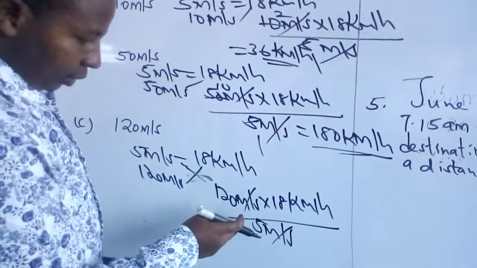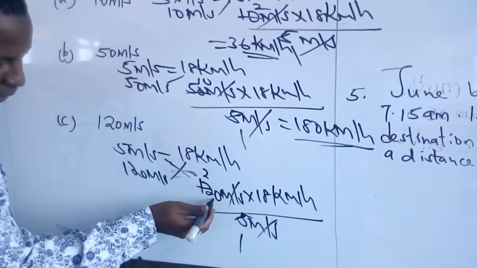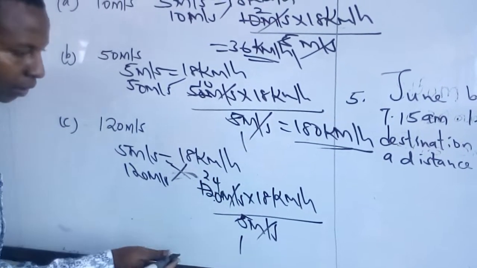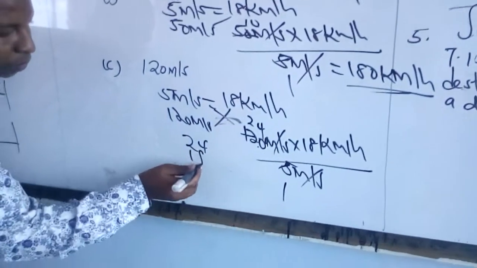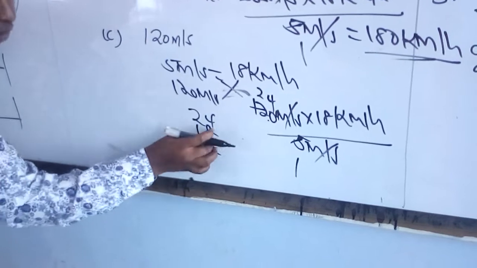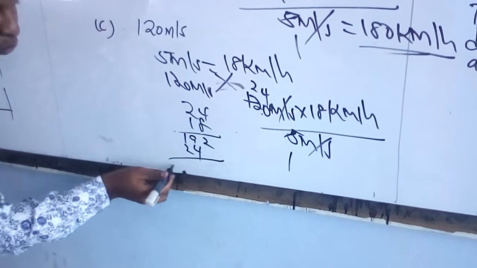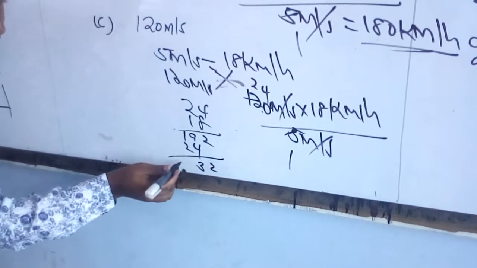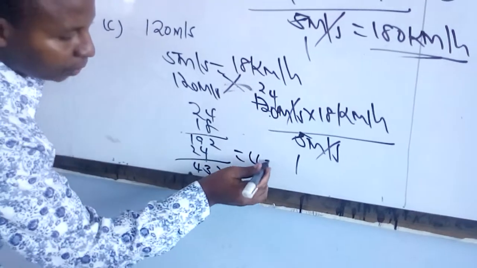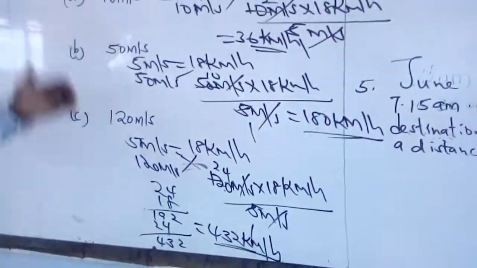Then this 5 by 5, 1, by 5, 2 because of 10, 20 divided by 5, 4. So we have 24 times 18. This is 32, 2 carry 3. This is 16 plus 3, 19, 4 and 2. 2, 3 and 4. So the answer is 432 kilometers per hour. So those were the basics.